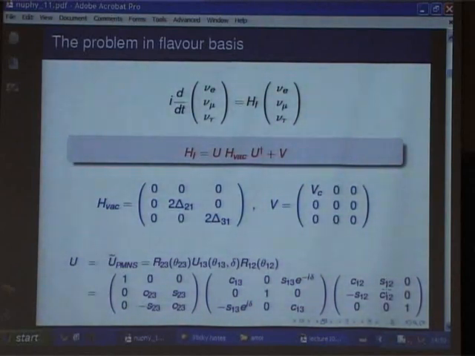So now with this U, I need to calculate the value of HF. And it won't take much to convince you that if I really want to write down HF, that's going to be a complete waste. I don't want to try to write it. However, the aim is this: to write down this U, calculate the product of this, add this V to it, and whatever I get in hand, that's what I want to write.